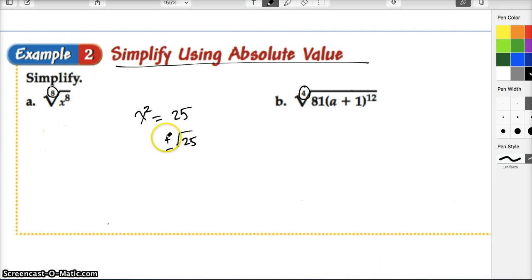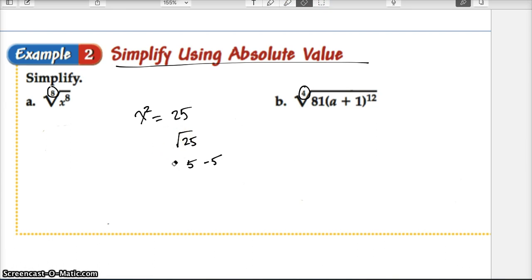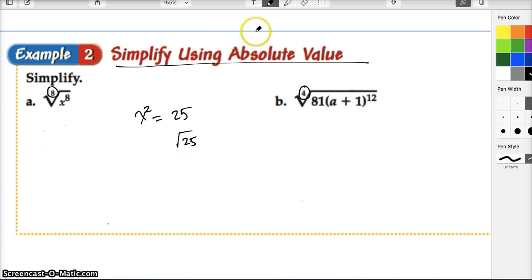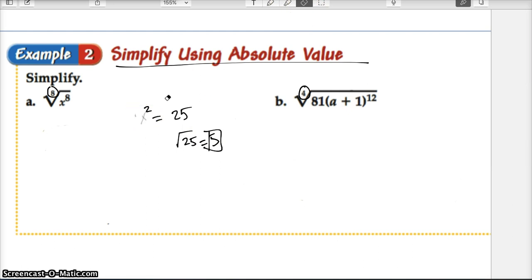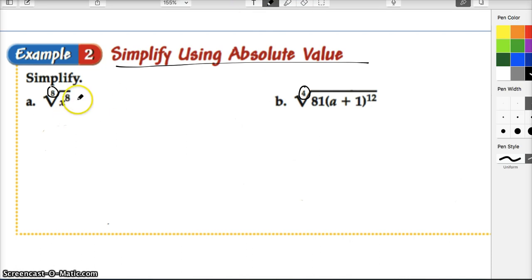Look, I had to add the positive and negative in order for us to consider the positive 5 or the negative 5. I had to add that with the knowledge of what x squared could be. But when I just take the square root of 25, I'm just getting the principal square root, which is going to be that positive value. And similarly, when I take the even root of any number, I'm always going to get a positive answer. But since I don't know what I originally started off with, I got to throw in that absolute value.